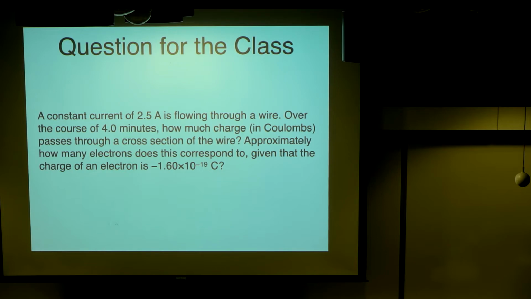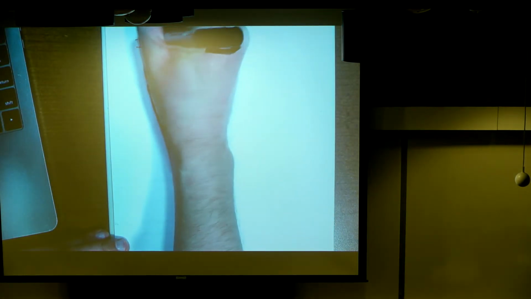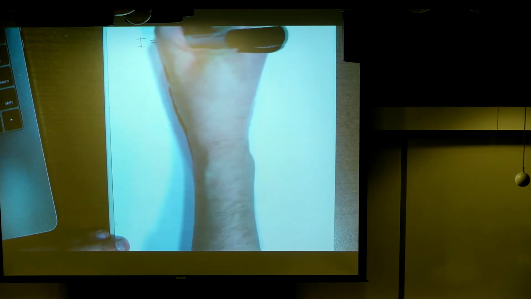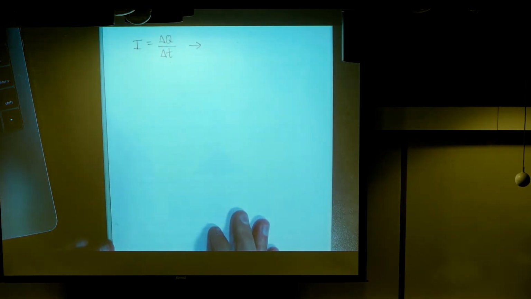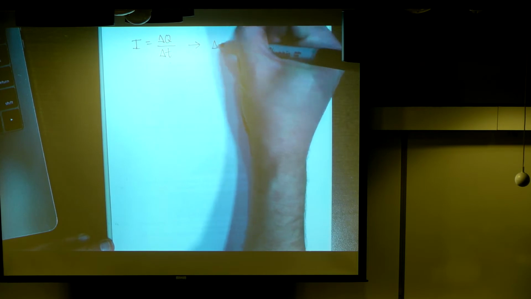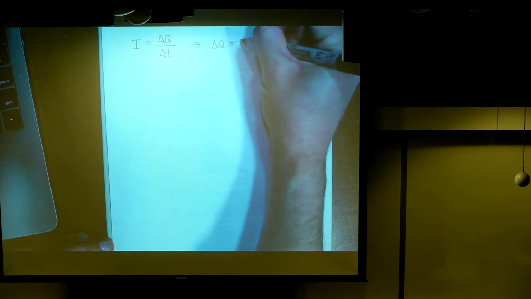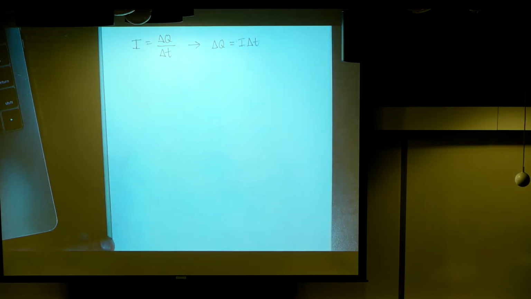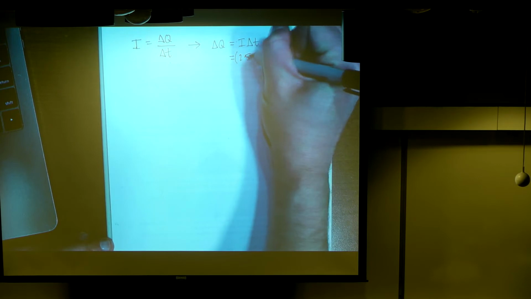If you're not sure how that goes, let's work it out real quick. So here, we're just applying the definition of electric current, which is I equals delta Q over delta T. And then what we're trying to solve for is the amount of charge in a given time interval. So delta Q is I times delta T. So in this case, our current is 2.5 amps.